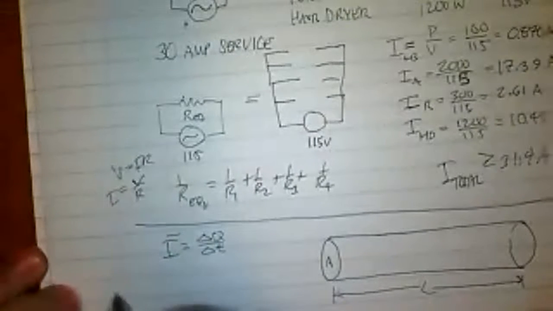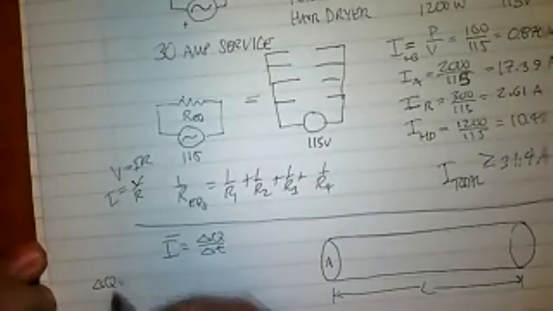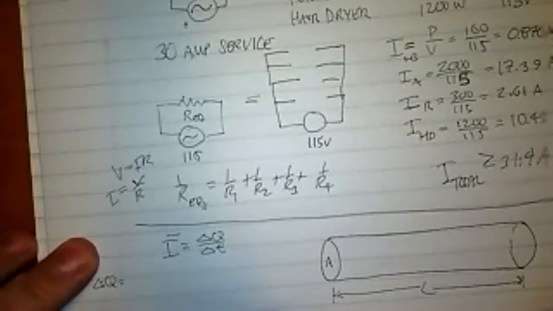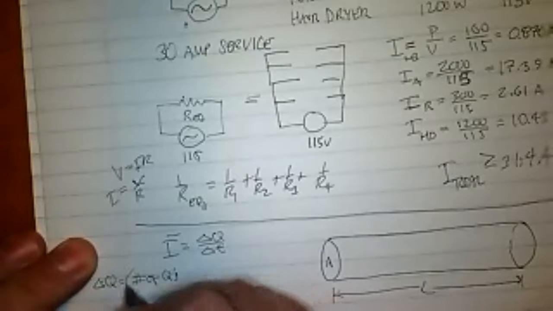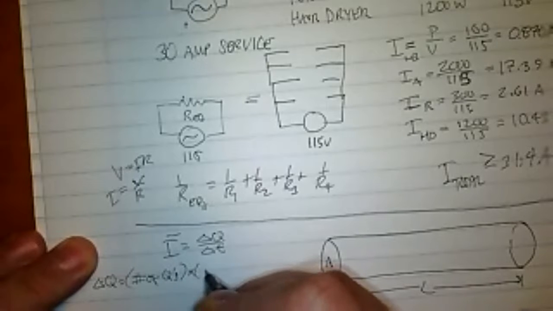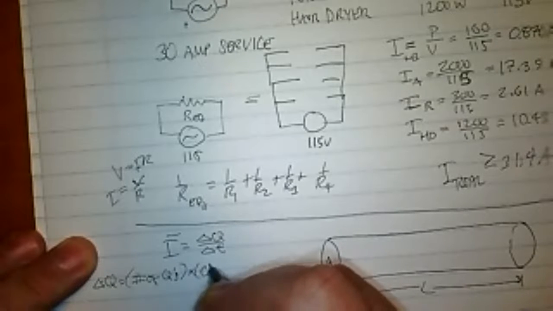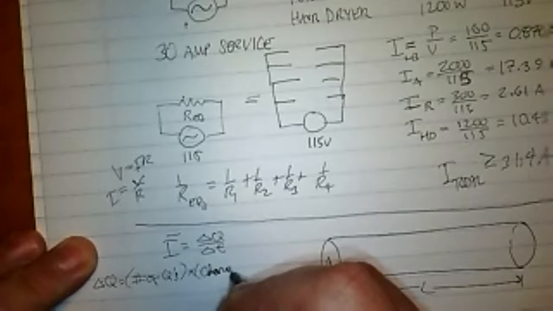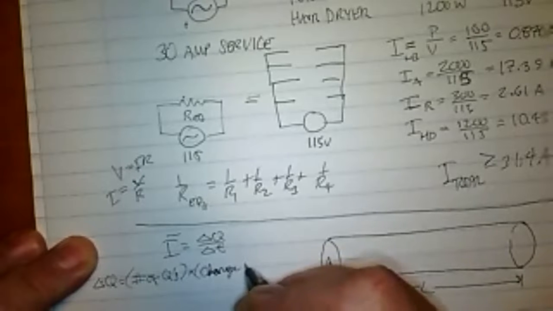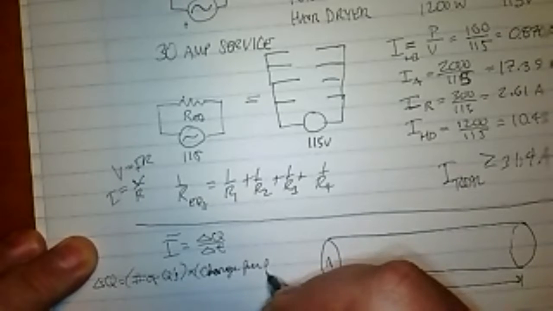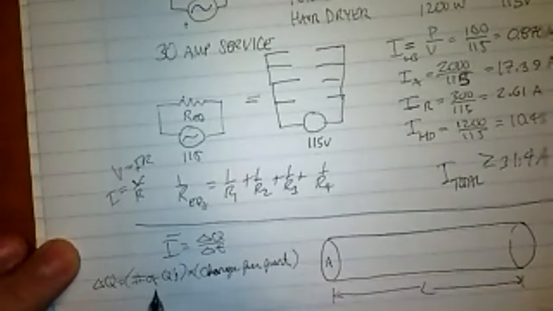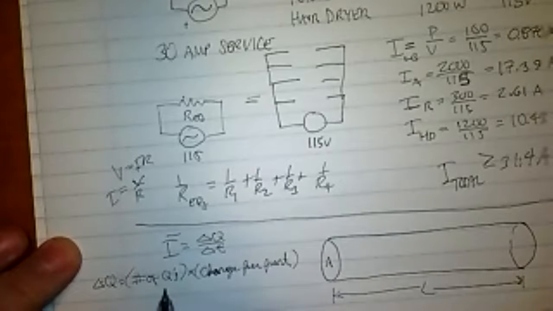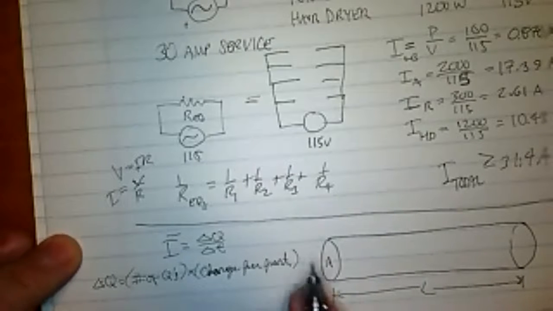So I'll start to look at delta Q, and delta Q should be the number of charges times the charge per particle. The particles are actually going to be electrons.